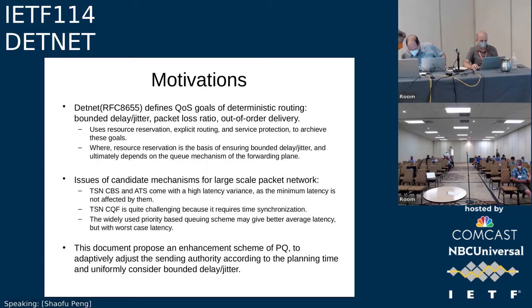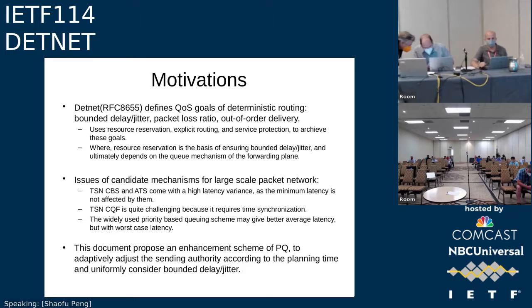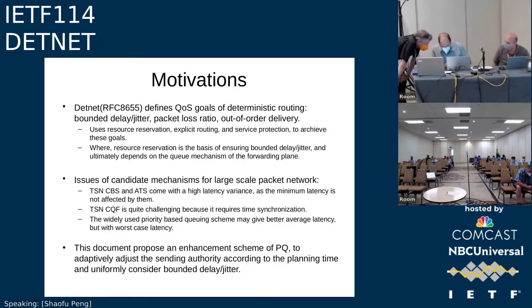The motivation of this document is that DetNet defines the goals of deterministic routing: bounded delay and packet loss ratio out of all the delivery. It uses resource reservation, explicit routing, and service protection to achieve these goals.